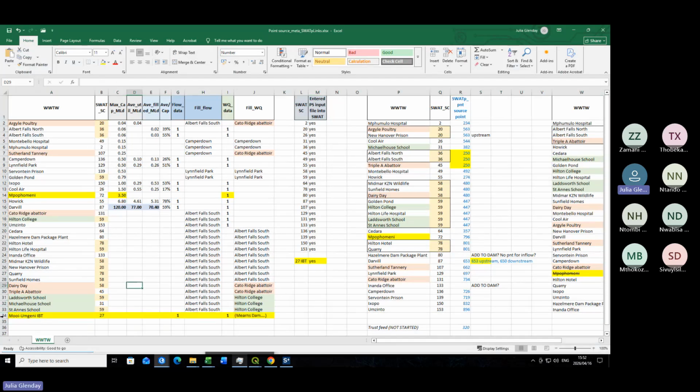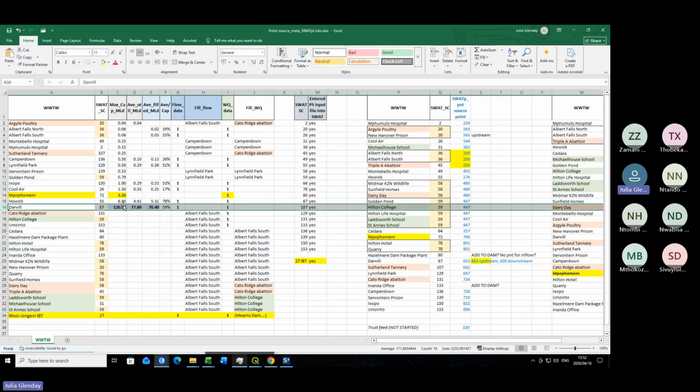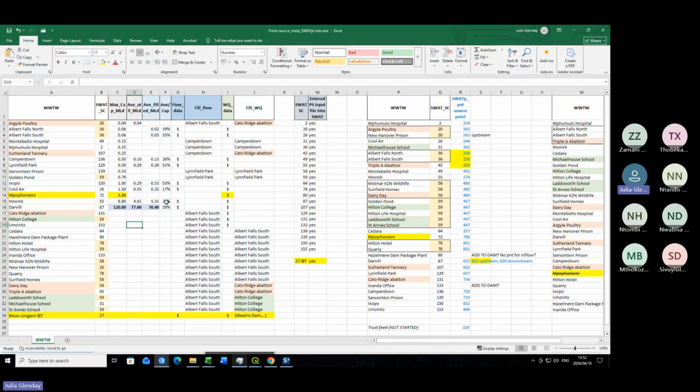And so I had to give a daily flow and a water quality. For these point sources, you give daily flow and also water quality of the flow. Darvel is, of course, the biggest. For some of them, I had flow data, and for some of them, there was water quality data.